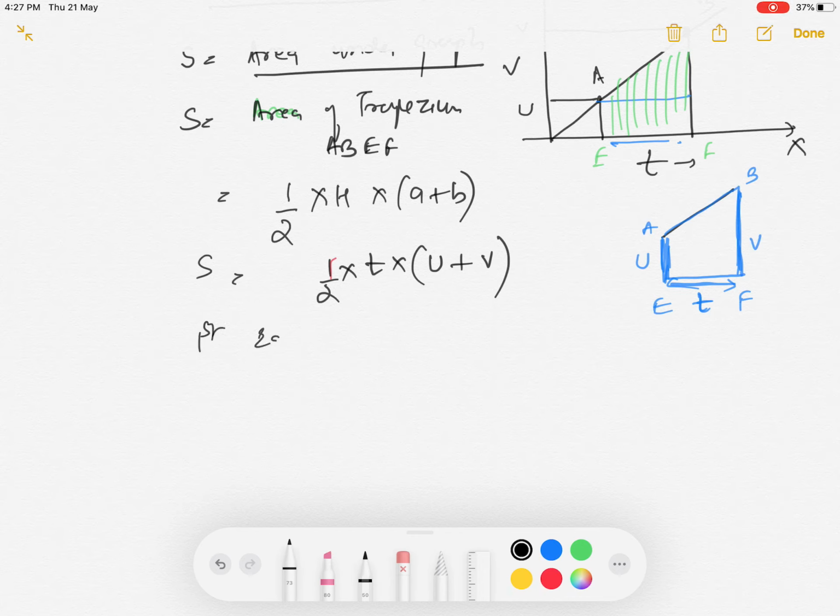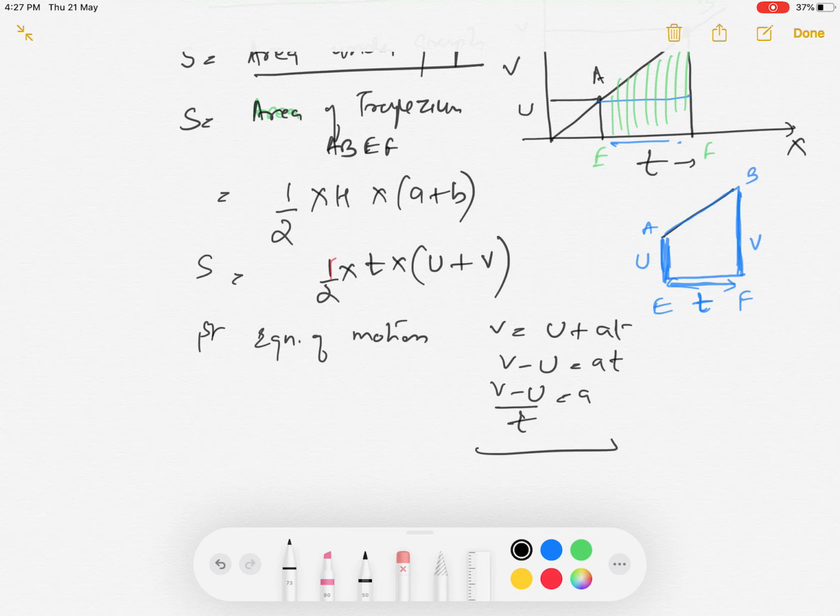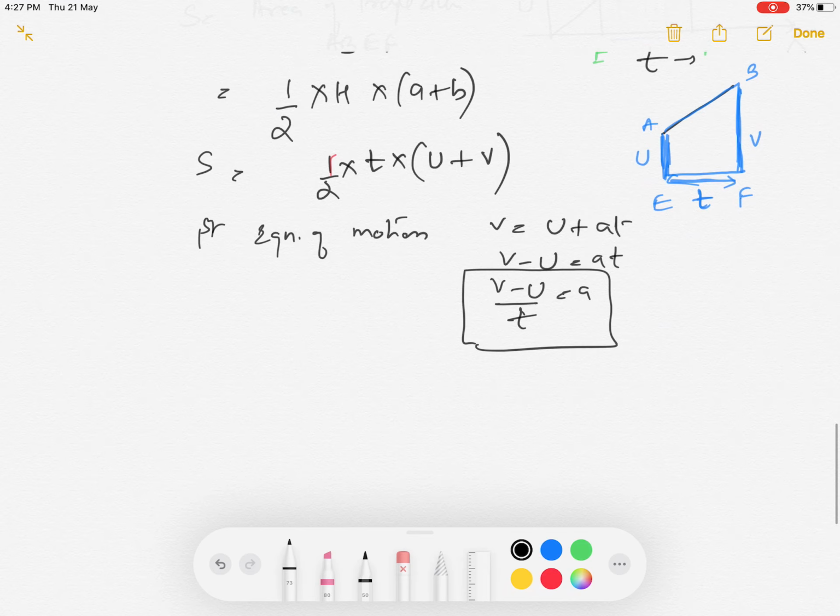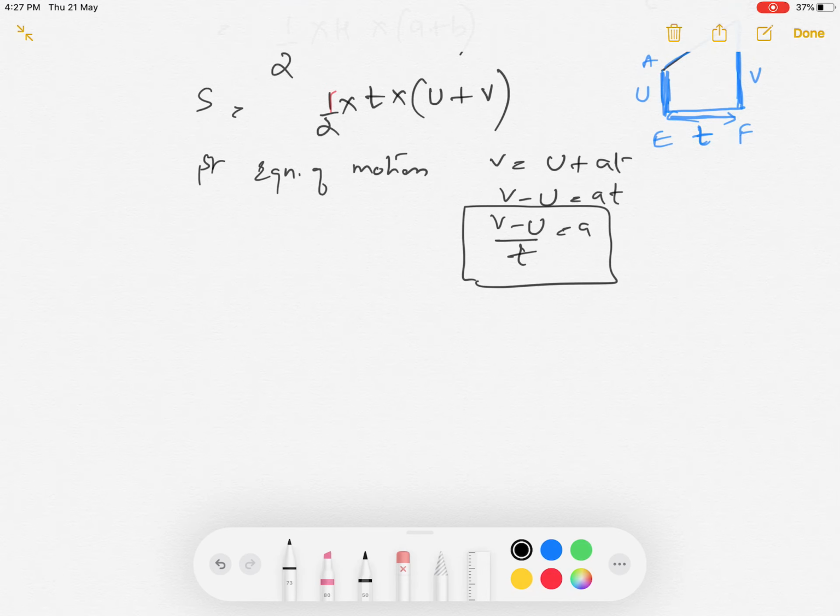Again we will take help of first equation of motion. First equation of motion, v is equal to u plus at, or you can say v minus u. Shift u on the left part, you will get v minus u is equal to at, or v minus u upon t is equal to a. This thing you know, slope or the acceleration, you can again rewrite it in another form, v minus u upon a is equal to t.